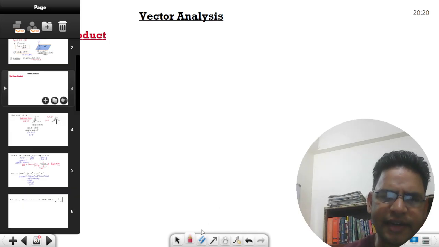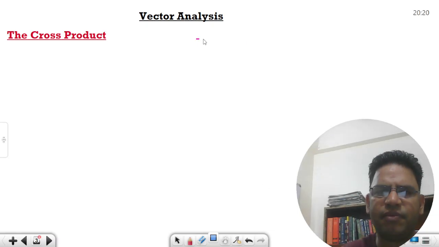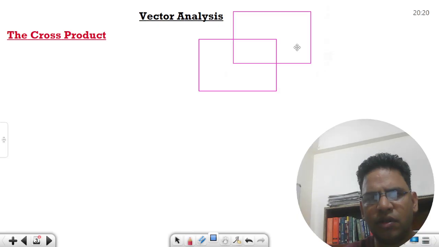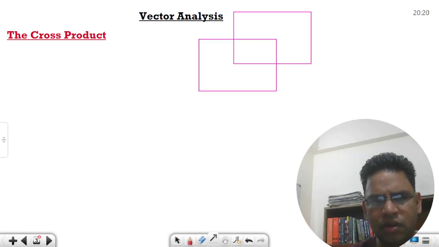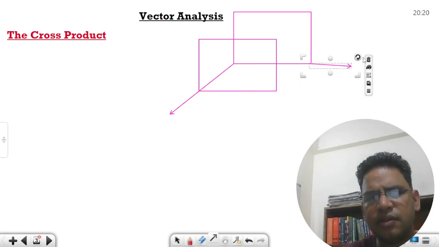So in a right-handed system, if we have this kind of rectangular coordinate system, this is the x-axis.